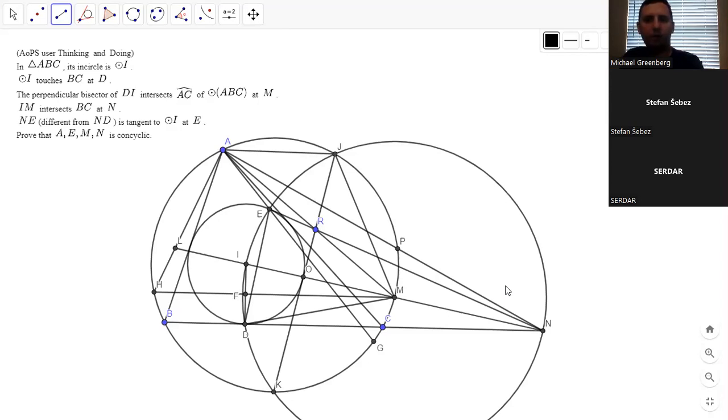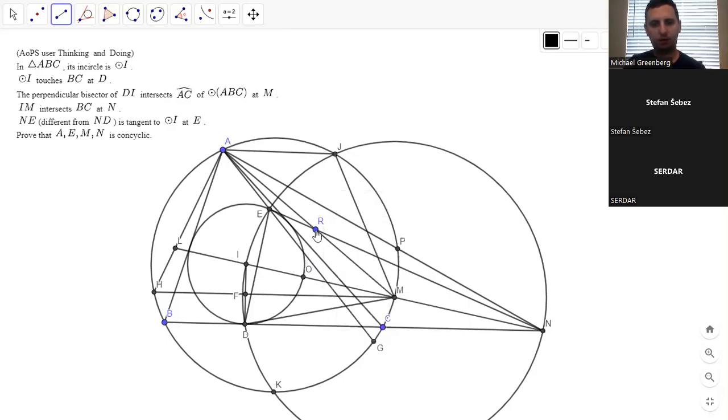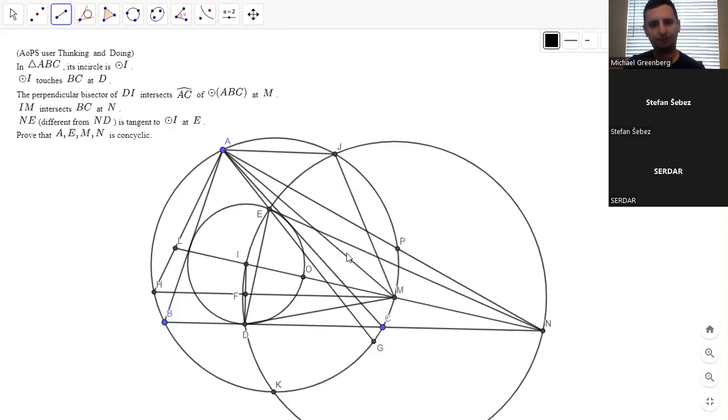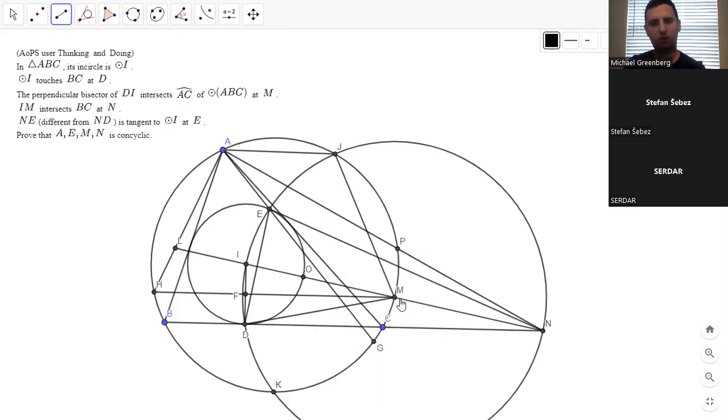Yeah, if we show R lies on the radical axis, then it would be trivial by power of a point. So yeah, maybe it's best to define R, sorry, this way.